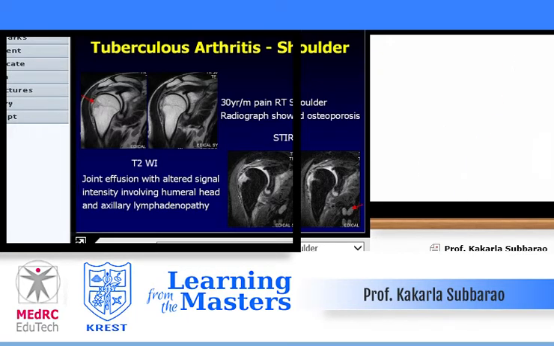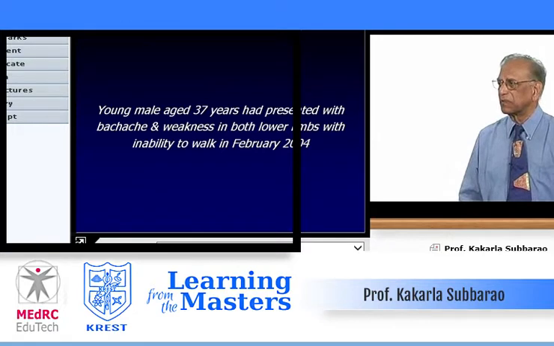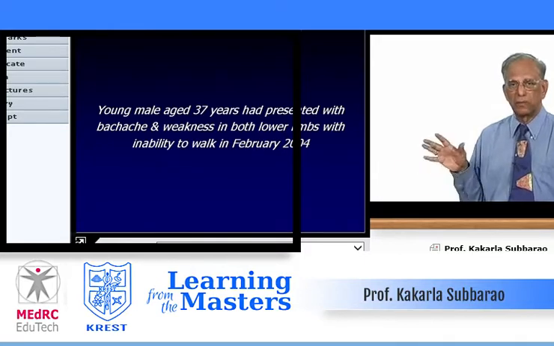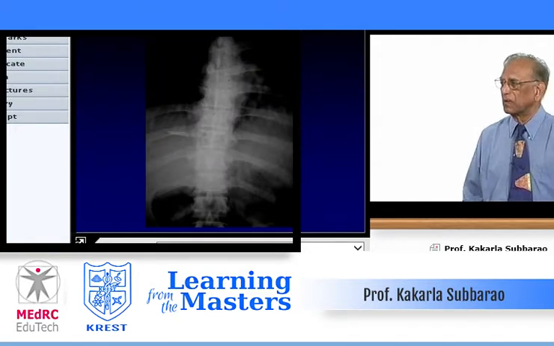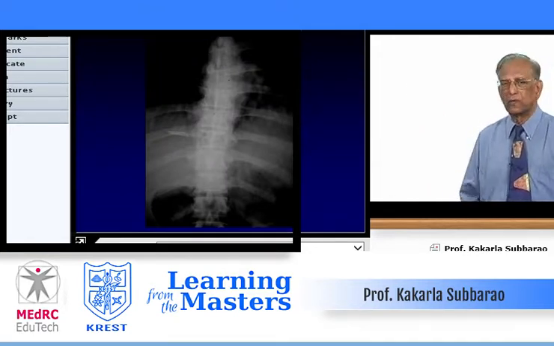Next, a young male, aged 37 years, presented with backache and weakness in both lower limbs, and of course inability to walk. He presented in February 2004. Localized view of the thoracolumbar spine, mostly lower thoracic spine.